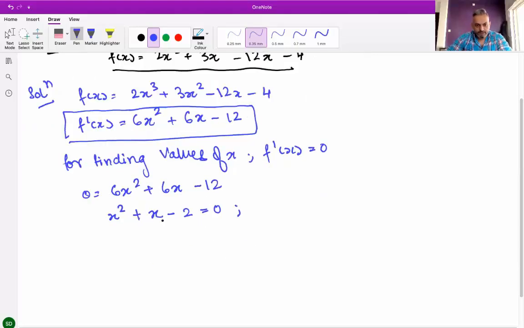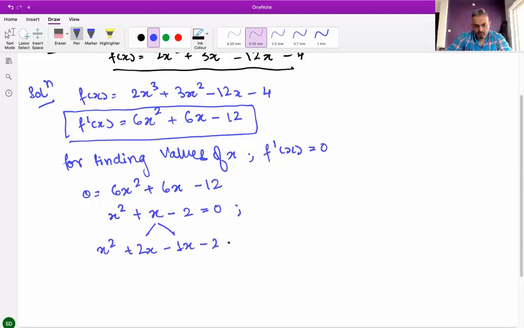Now how can we factorize this? It will be x², 2 ones are 2, plus 2x − 1x − 2 = 0. So it is x(x + 2) − 1(x + 2) = 0.